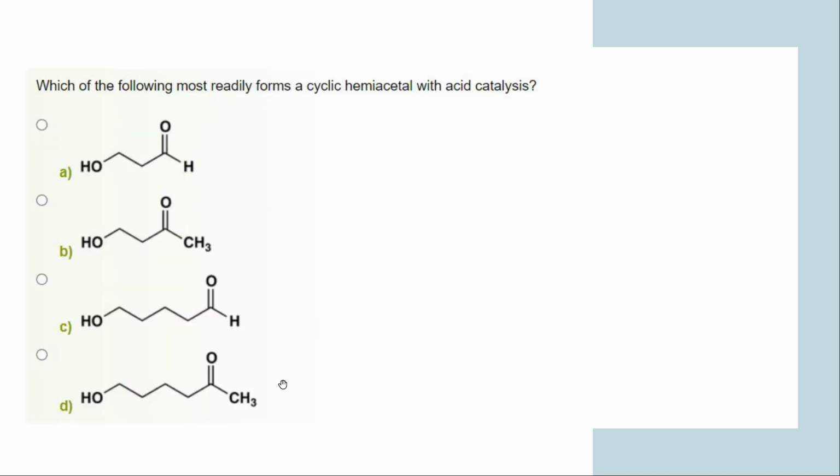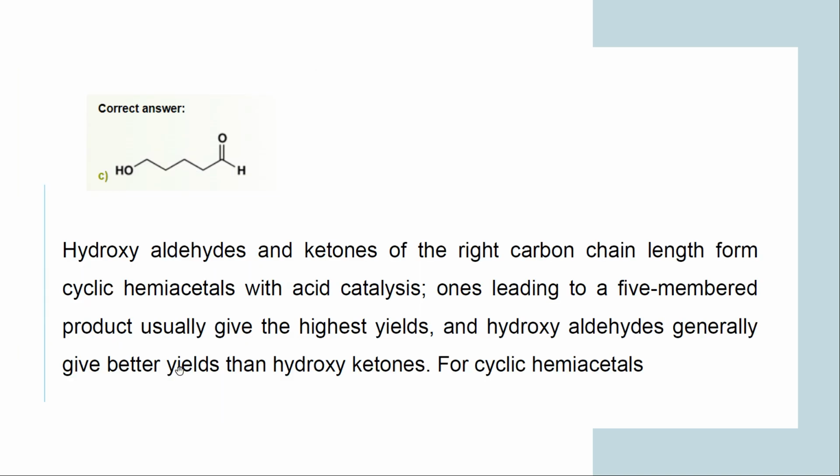Option C will be the correct answer. This is the description which says that between aldehydes and ketones, aldehydes will be more reactive, and then it says that 5-membered rings will be most readily formed. And since in the options we do not have 5, rather we have 6-membered ring formation, you must choose that particular option as the correct answer.